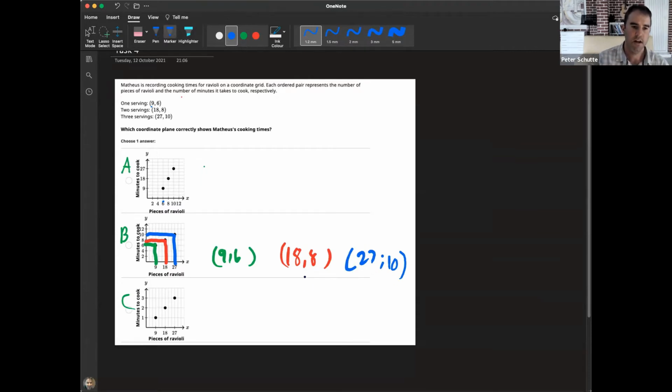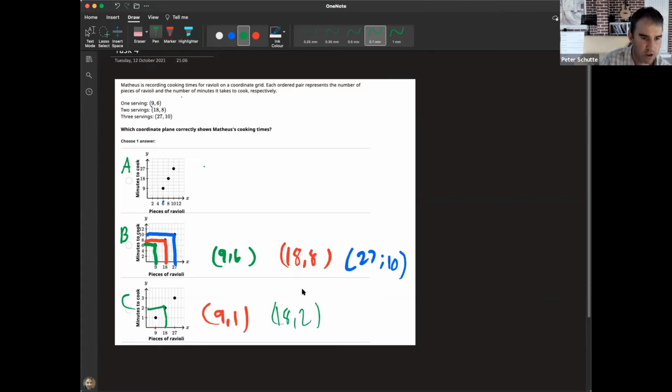So I'm starting to think we're onto something here. Let's just check the last one for C. C is the 0.91, it looks like to me, 91. So 9.1. And then this one here is 18.2. And this one here is 27.3.